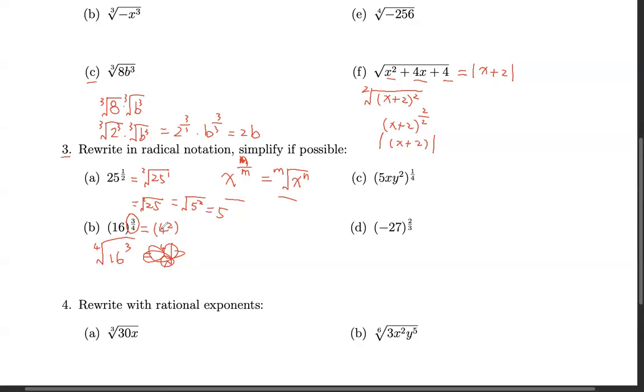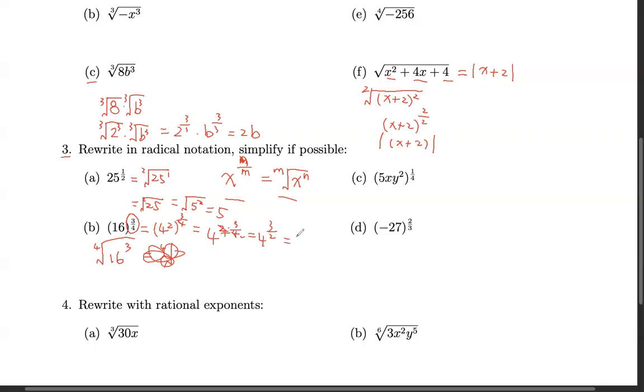So just write 16 as 4 squared, then raised to 3/4. Now we have 2 layers of exponents. When we have 2 layers of exponents, 4 raised to 2, then raised to 3/4, we just multiply those 2 exponents. Then 2 is 2/1, and 2 simplified with 4. That's 4 raised to 3/2.